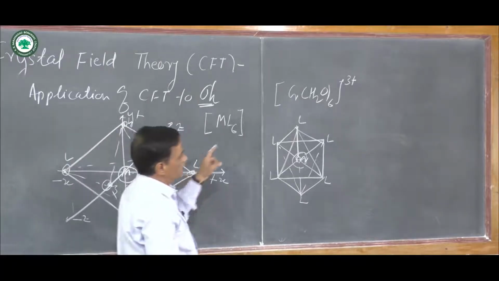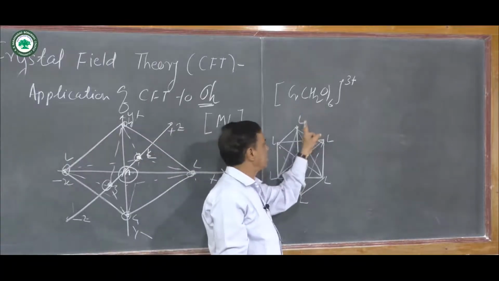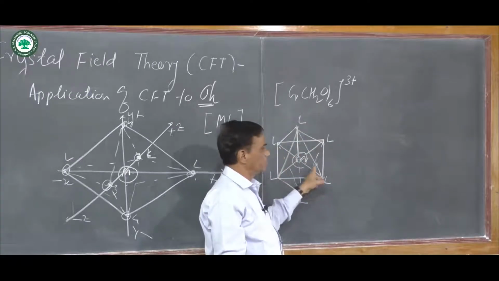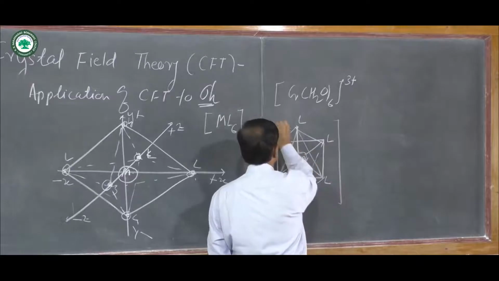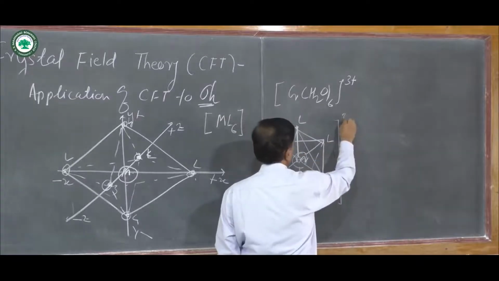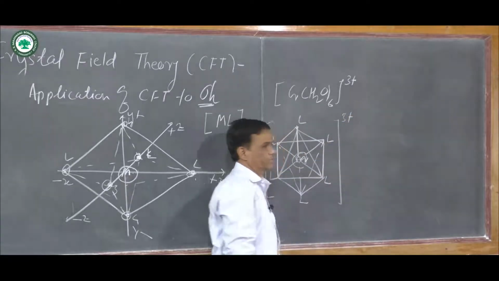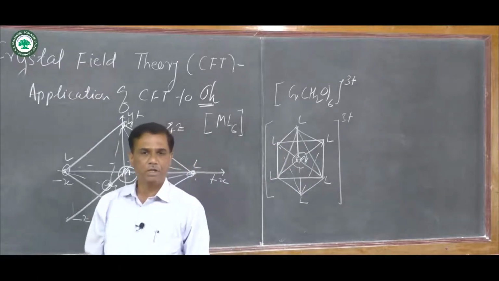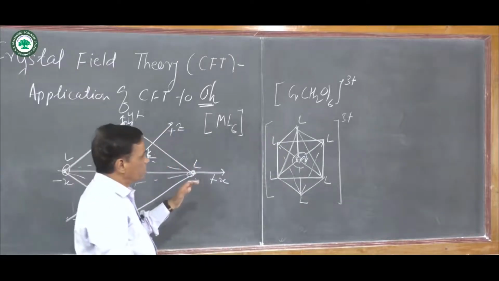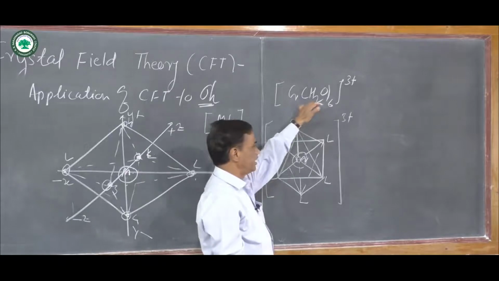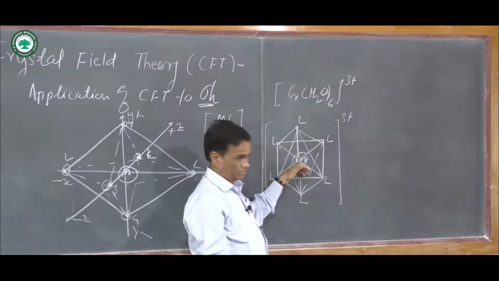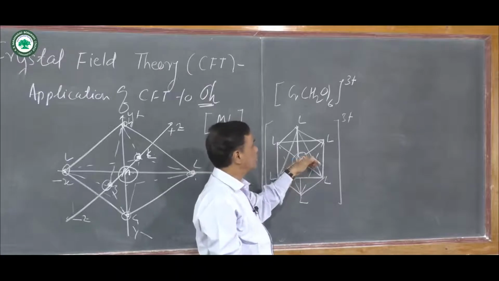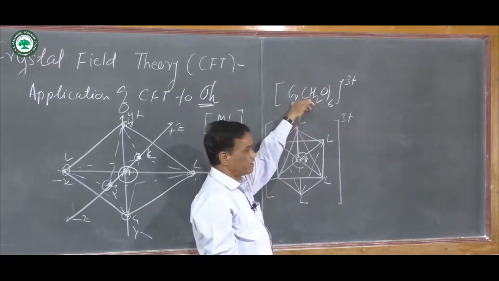There are 6 ligands, meaning water molecules, surrounding the central metal, and the charge on that complex is equal to 3+. It is represented in square bracket. All 6 water ligands are at the regular corners of the octahedron, and at the center position, chromium metal ion is present.